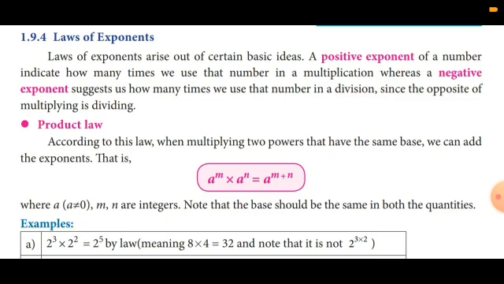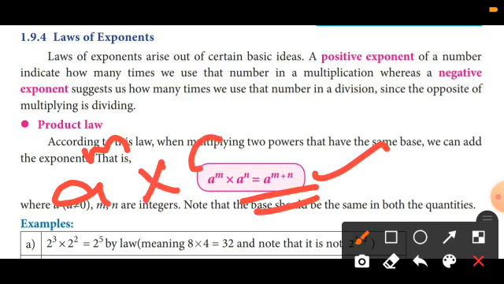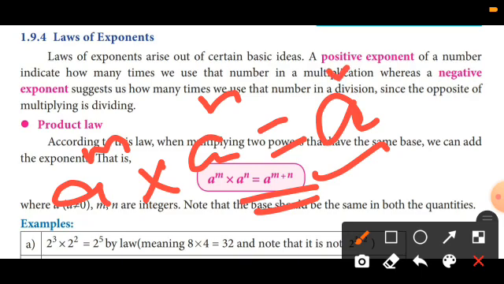That is a power m into a power n is equal to a power m plus n. The base is the same number a, and the powers add, m plus n.